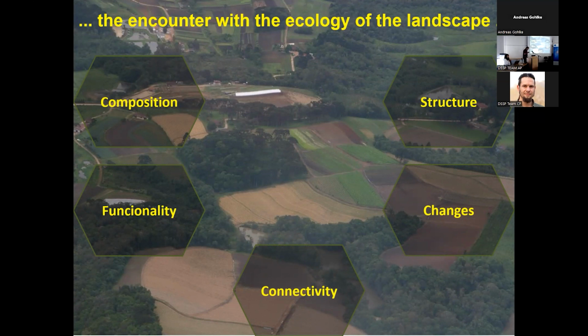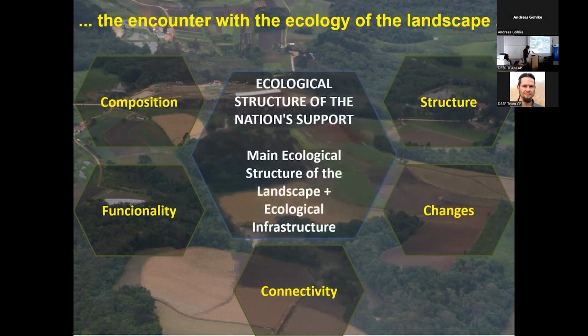And in Colombia, Professor Tomás van der Hammen proposed this concept, the ecological structure of the nation's support, with the main ecological structure of the landscape. It means this kind of vegetation plus ecological infrastructure. And he said the ecological infrastructure is the vegetation inside the agroecosystem, and he said no more.